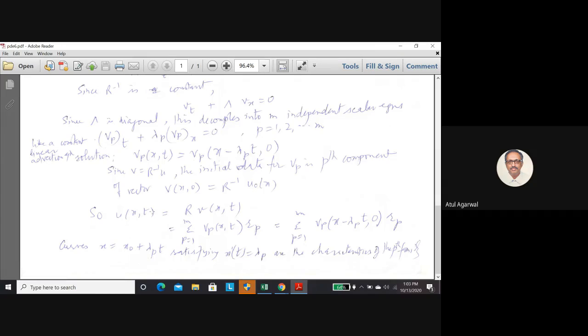So your solution is R into V, and you have found the solution for V as this. You put it here. So you have found your solution for your original variables in terms of the transformed variables. Okay. So the whole exercise was for decoupling the differential equations.